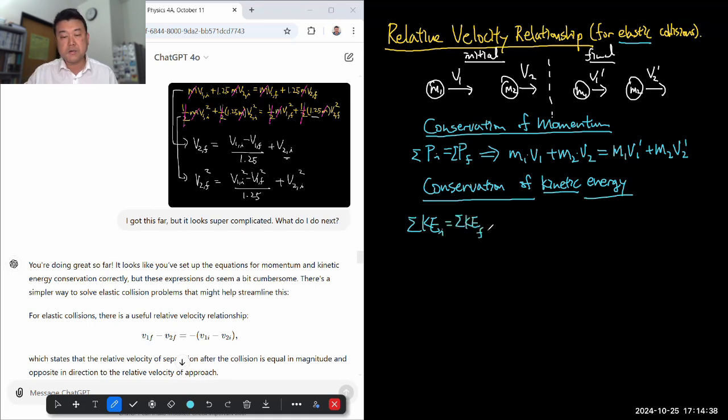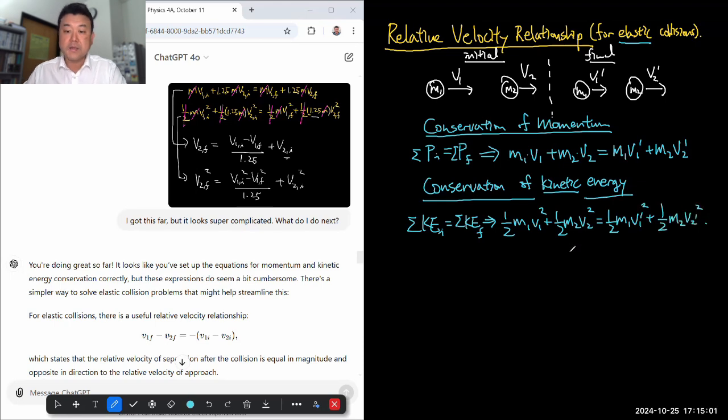Making it more concrete, 1/2 m1 v1 squared plus 1/2 m2 v2 squared is equal to 1/2 m1 v1 prime squared plus 1/2 m2 v2 prime squared.